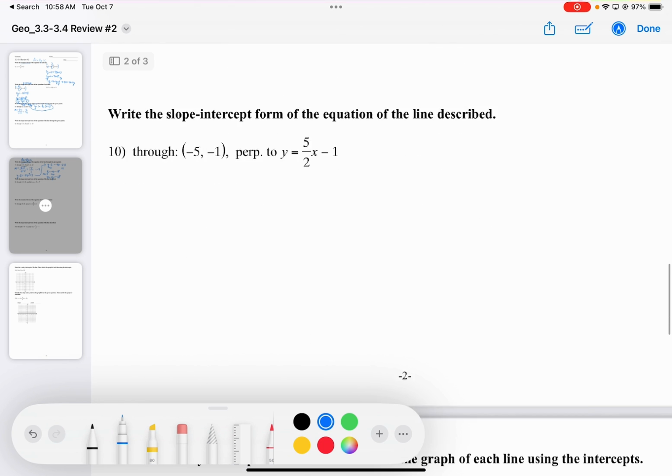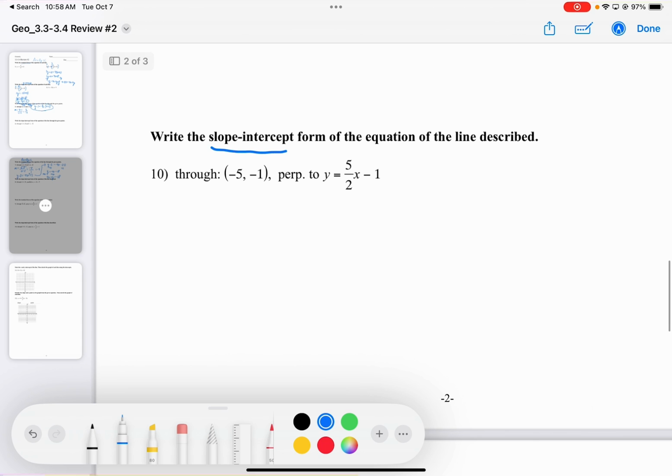Okay, slope-intercept, so I'm going to underline that and write y equals mx plus b up top. All right, to write the equation of my line, I need a point and a slope. I know my point. What's my slope? -2/5. Who do I believe? Liam.